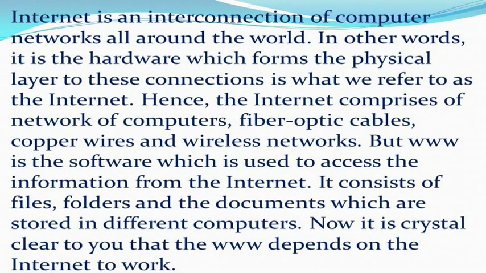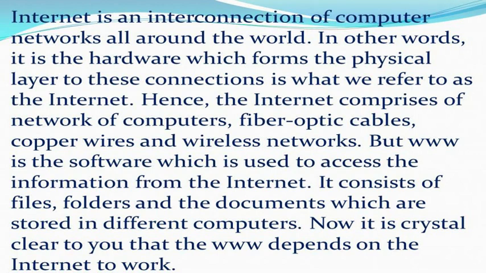The Internet is an interconnection of computer networks around the world. In other words, it is the hardware which forms the physical layer of these connections that we refer to as the Internet.